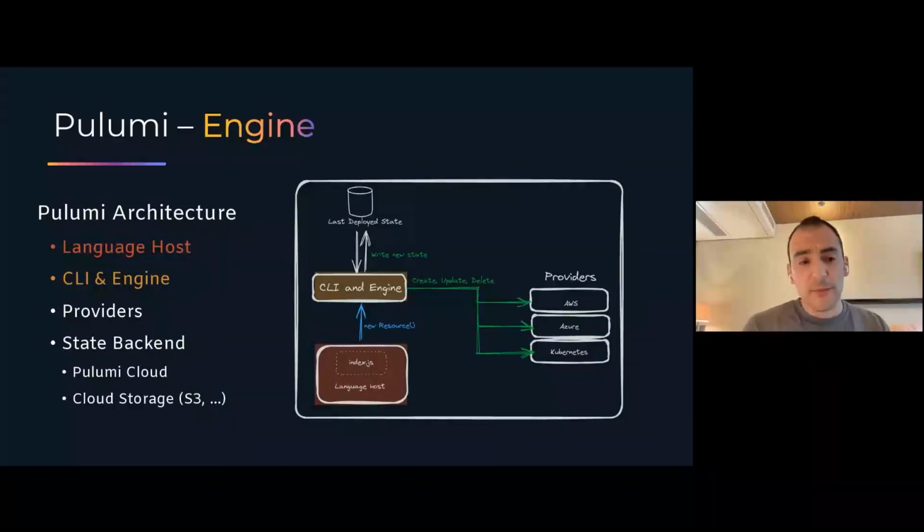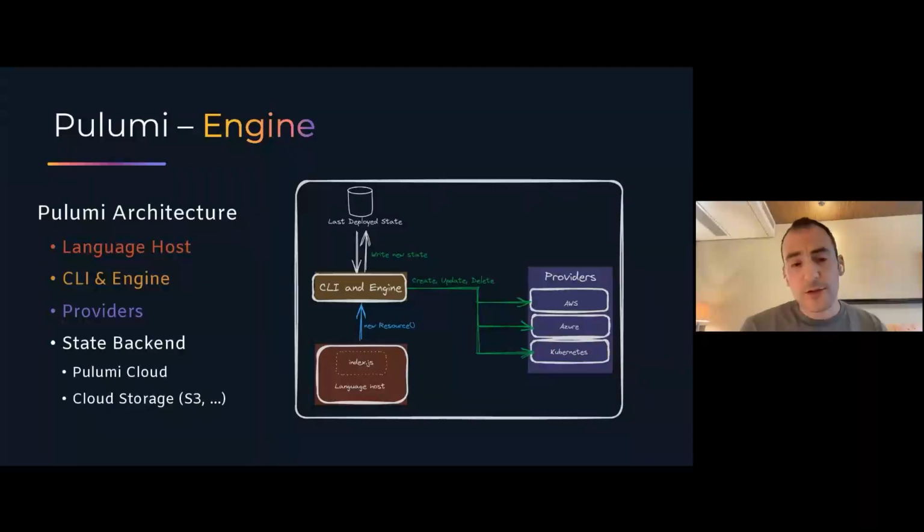Is it a create or update? It goes to the provider. For example, in our case, we use the Azure Native provider. It downloads the Azure Native provider, starts it in the background, and communicates via gRPC for all the actions we're going to do: create, update, or delete. And the result of any action will be saved in our state, in the state backend.